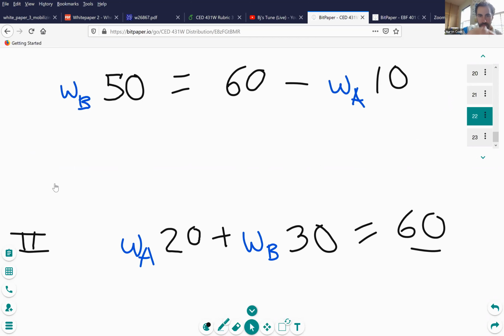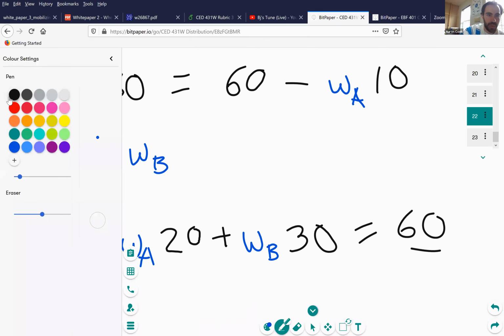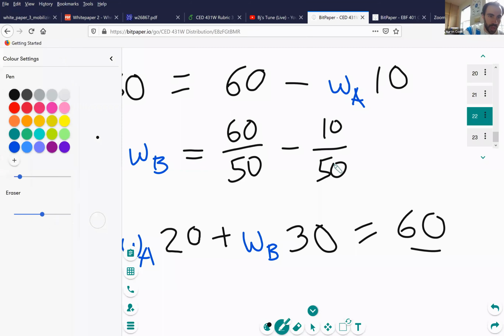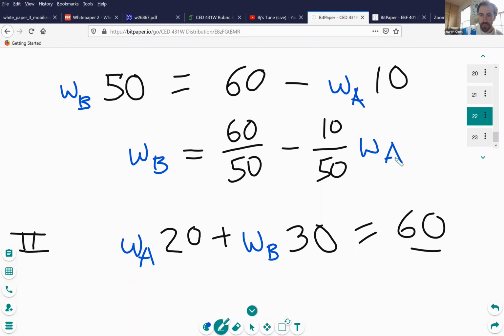We can take each of those and divide them by 50. So WB is going to be equal to 60 over 50 minus 10 over 50 WA. Right, so we solved the first one. Then we know that WB is equal to 6/5 minus 1/5 times WA.